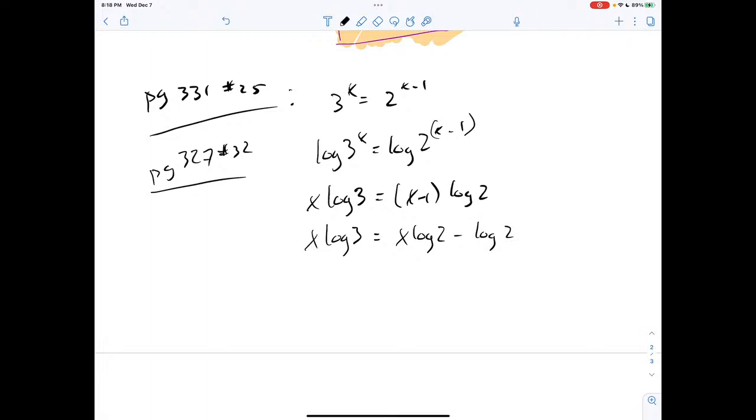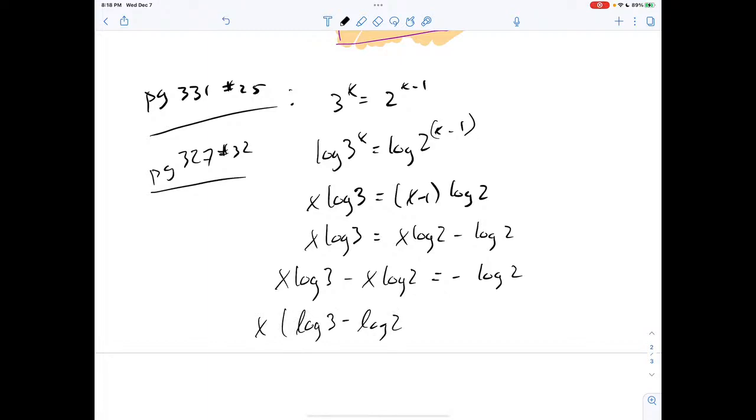And now the goal is to solve for x, so I'm going to bring the x's to one side. Log 2. And then I can factor out an x. So I get log of 3 minus log of 2 is negative log of 2.